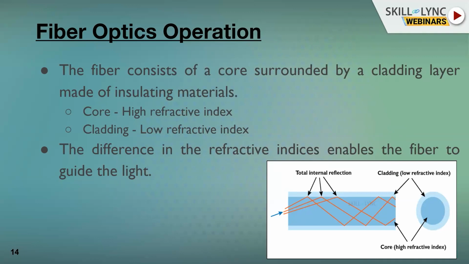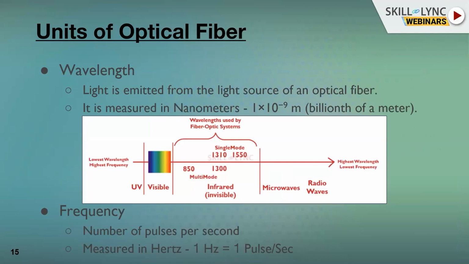Okay, so we have some of the physical properties also. The light emitted from the light source has a certain wavelength, right? That wavelength is measured in nanometers, whereas the frequency is the number of pulses per second.